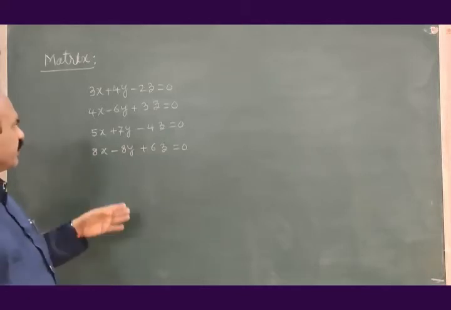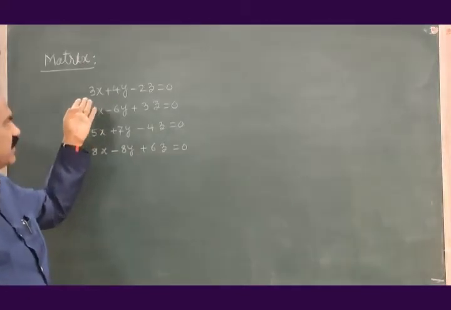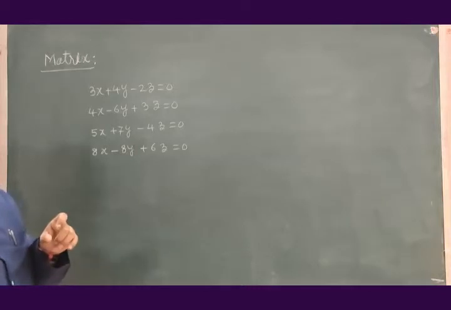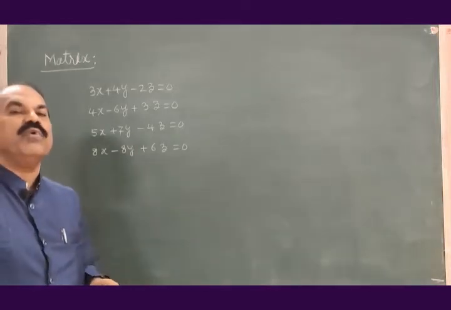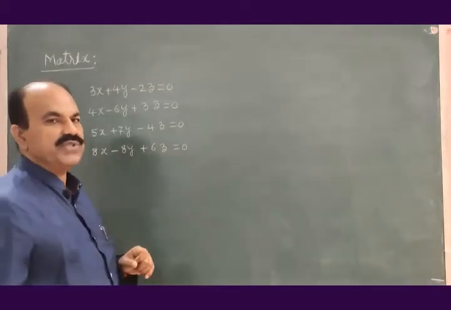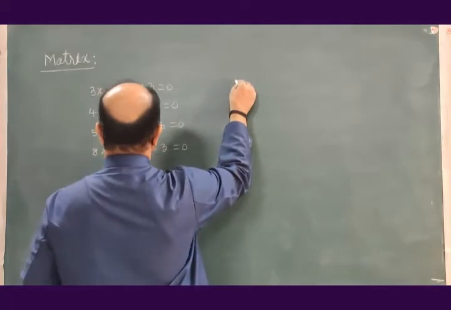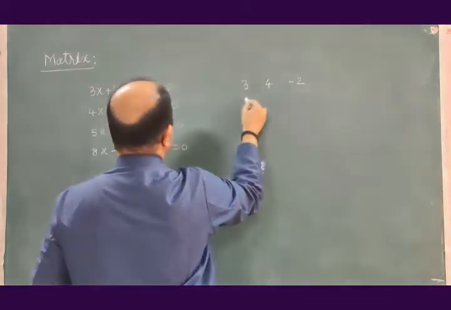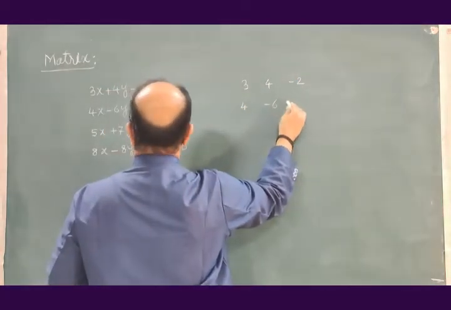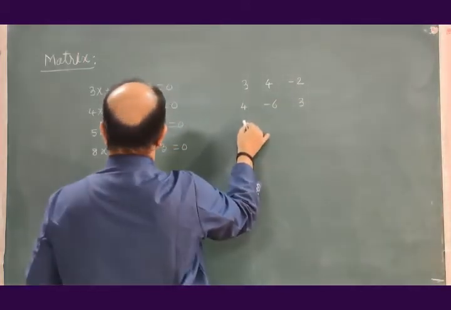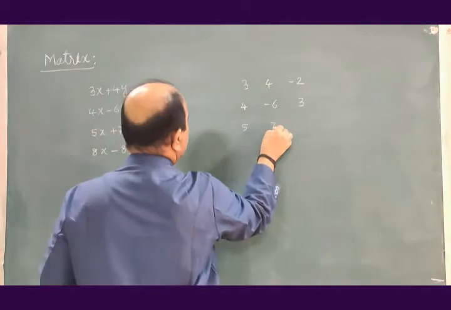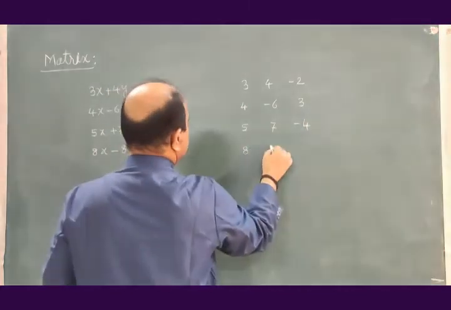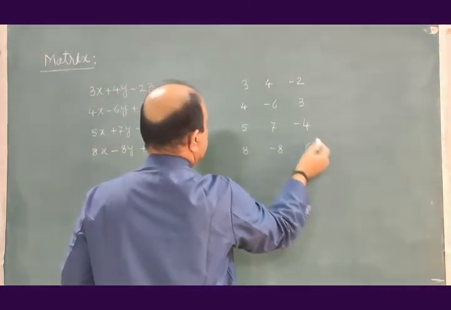Let us do one thing. Collect coefficients of x, y, z from all these equations into a square bracket in the form of rows and columns, and it can be written as 3, 4, minus 2, 4, minus 6, 3, 5, 7, minus 4, 8, minus 8, 6.